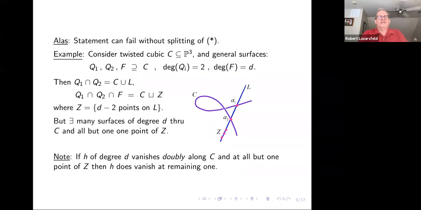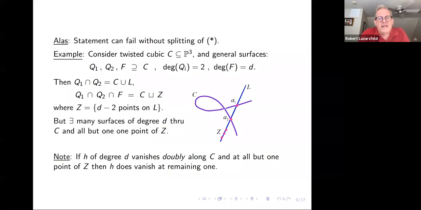And now the question is, is Lee's statement true? What was Lee's statement? We're supposed to look at surfaces of degree 2 plus D minus 4, that is to say, surfaces of degree D that vanish on C. And the question is, does Z satisfy Cayley-Bacharach with respect to surfaces of degree D passing through C?